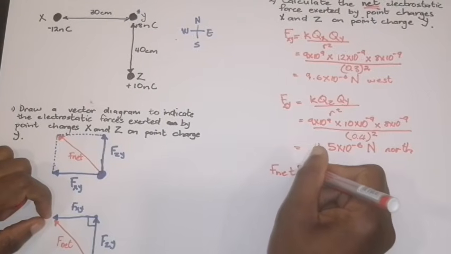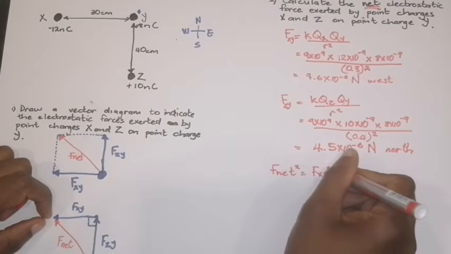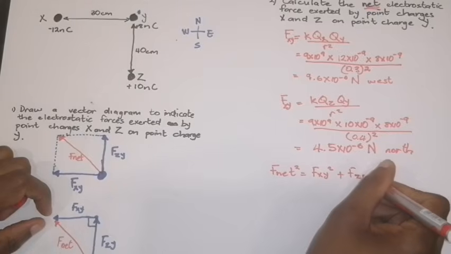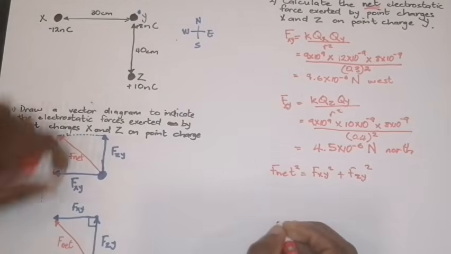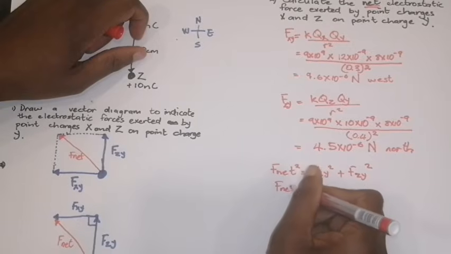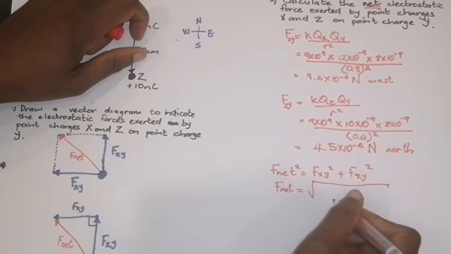So we say F net squared is equal to F_XY squared plus F_ZY also squared. To find out our net force, I'm not going to waste time on this, we're going to take the square root.